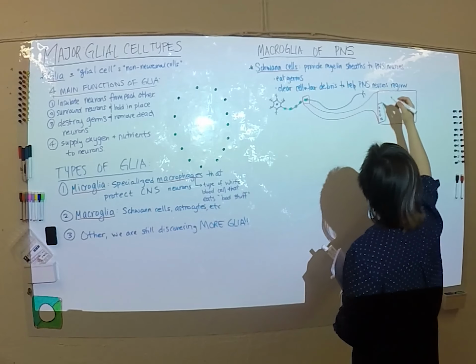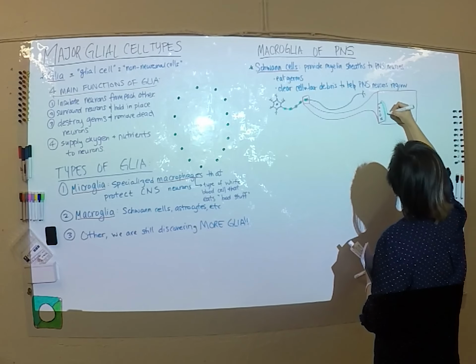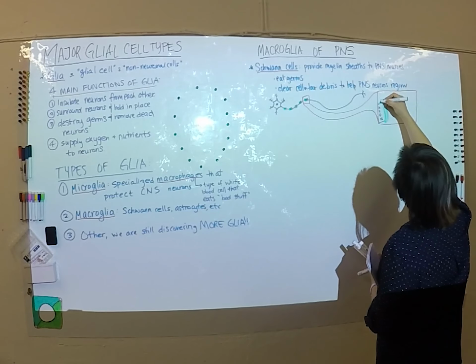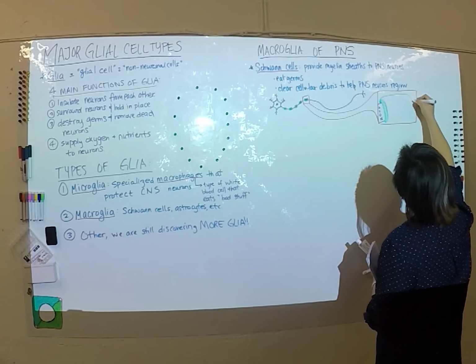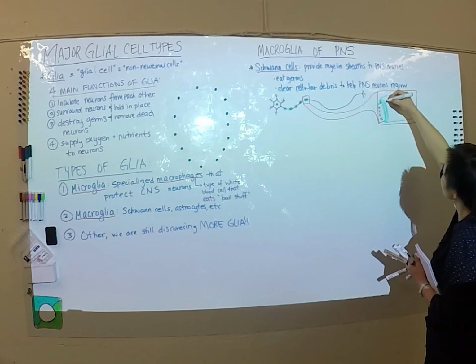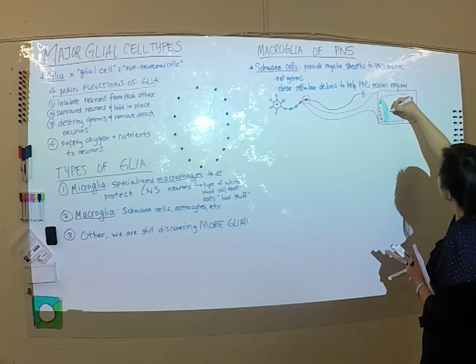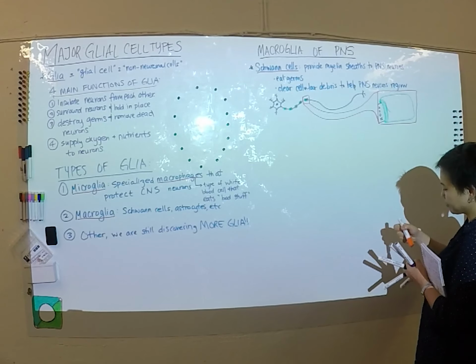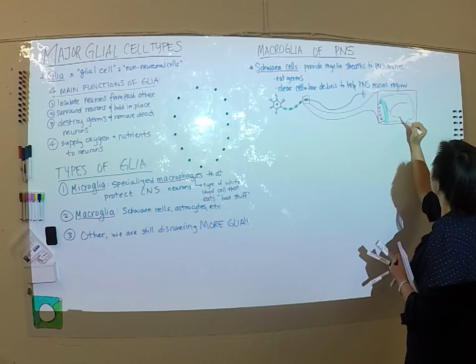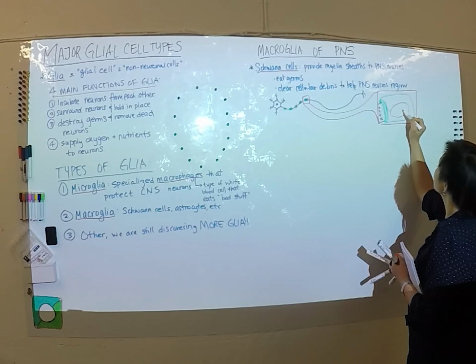So it's going to wrap around and around and around until we see that there's an outer layer where the Schwann cell is.